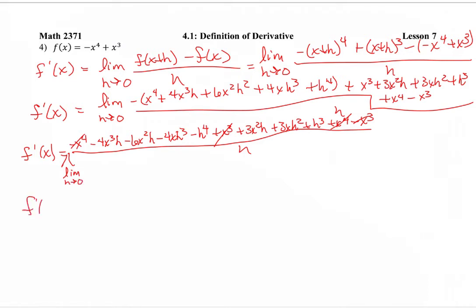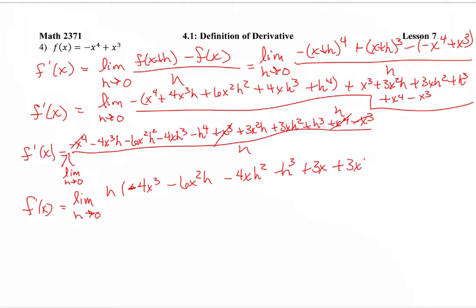Then f prime of x equals the limit as h goes to 0, and I'm going to pull my h out: h times (minus 4x cubed minus 6x squared h minus 4xh squared minus h cubed plus 3x squared plus 3xh plus h squared), all over h.